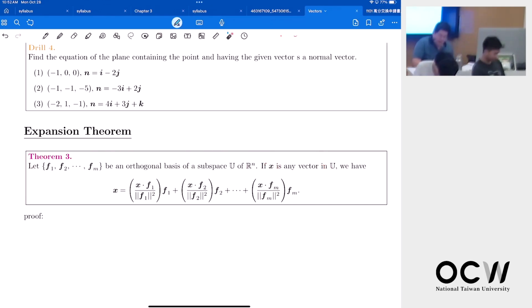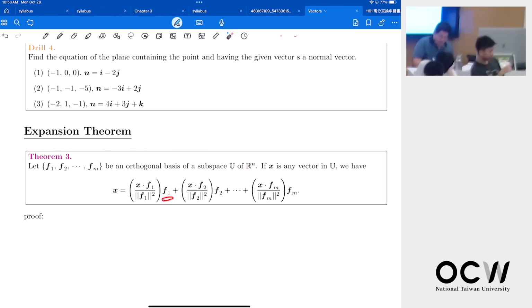How can I express this x using this basis? Remember what a basis is? They are linearly independent, right? So each of them should be orthogonal.